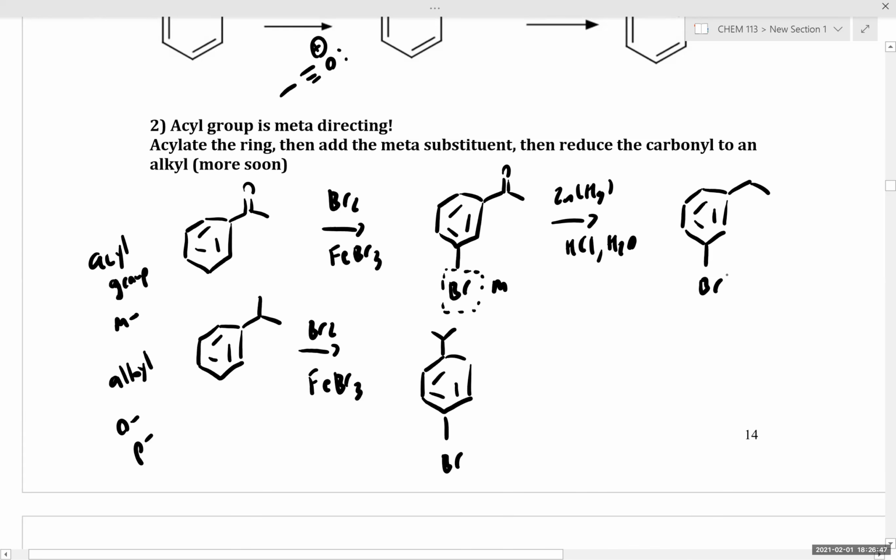And it allows you to install an alkyl group, but retain a meta-directing group throughout your synthesis. We'll talk more on directing groups in a moment, but this is just a critical piece of utility associated with the Friedel-Crafts acylation. Acyl groups direct reaction to different positions. Does everyone see the difference between the acyl and alkyl group?